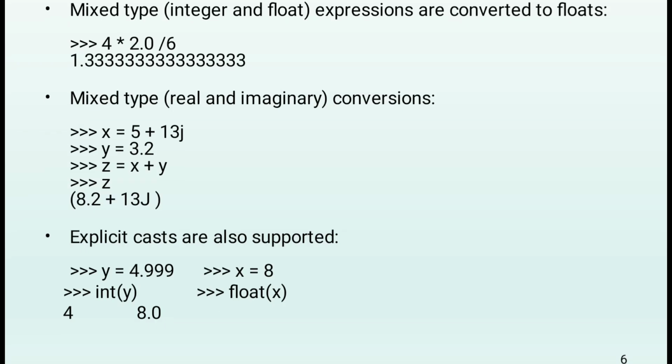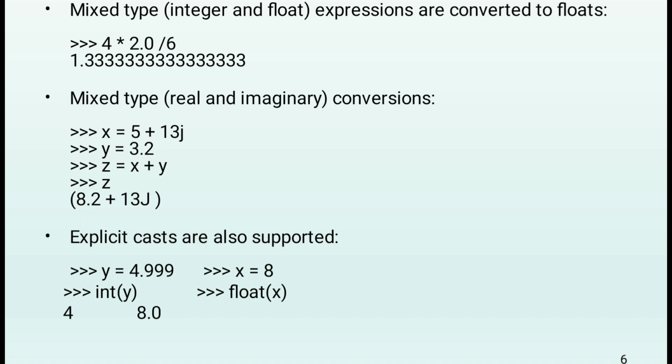Explicit casts are also supported. For example, here you can see y is equal to 4.99 and x is equal to 8. Suppose you want to take only the integer part of the floating number, then you can use int of that particular variable. So int of y, where the value in y is 4.99, will result in 4.